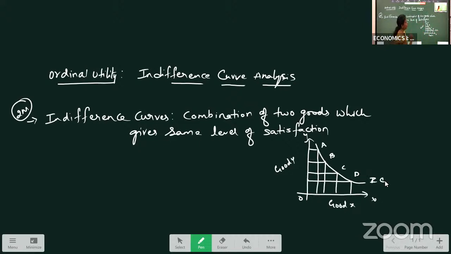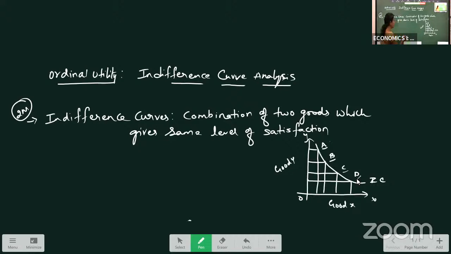Why do we call it an indifference curve? Because whether you take combination A, B, C or D, you are going to get the same level of satisfaction.